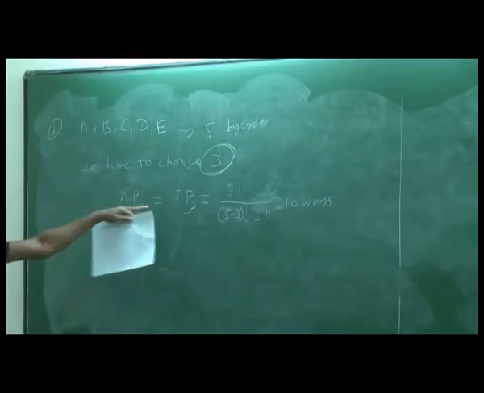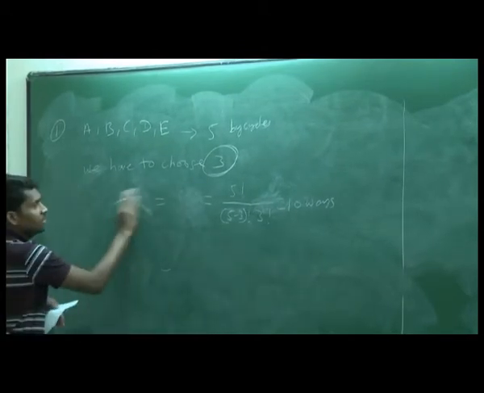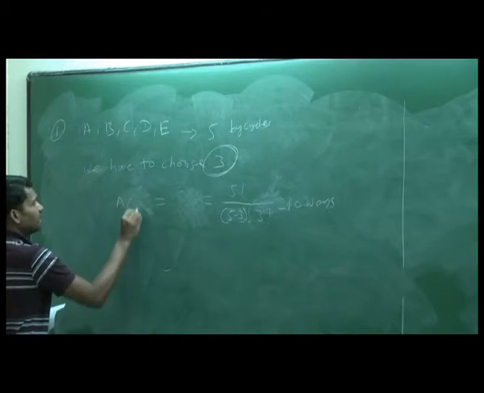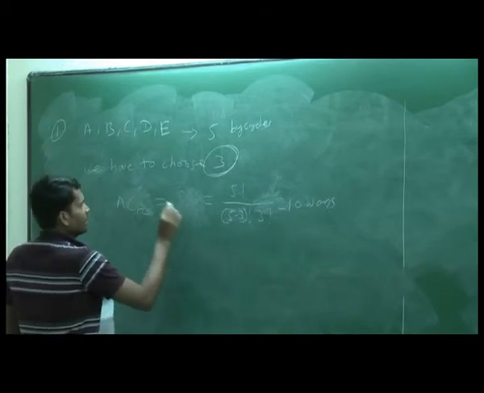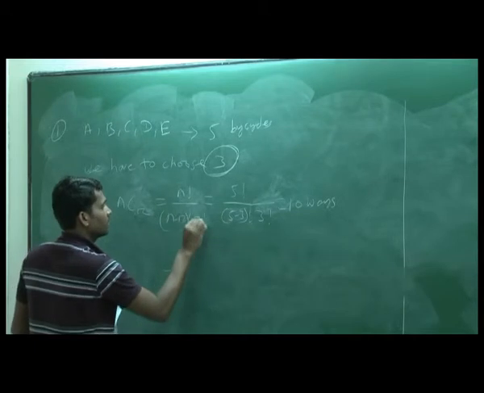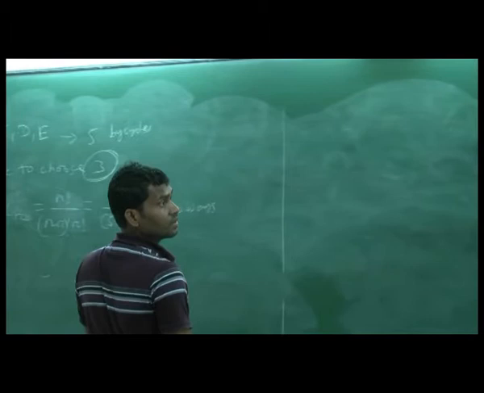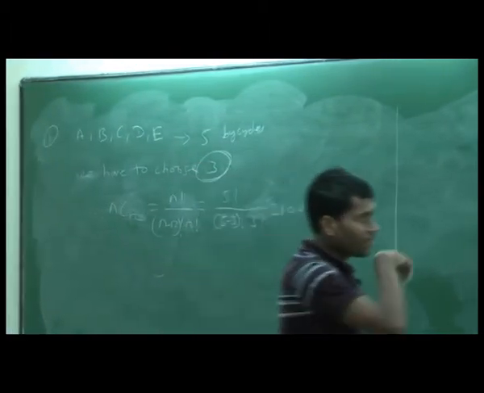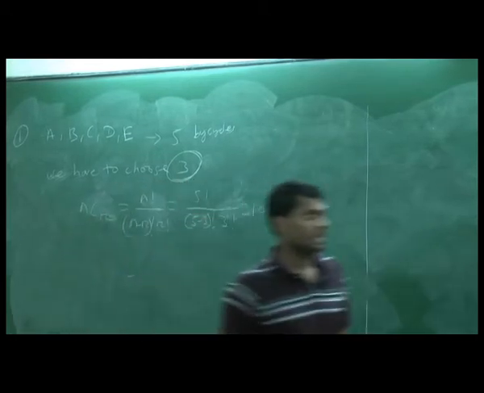Know how to use this. Where to use? This is called nCr, and the formula is n factorial divided by n minus r factorial into r factorial.